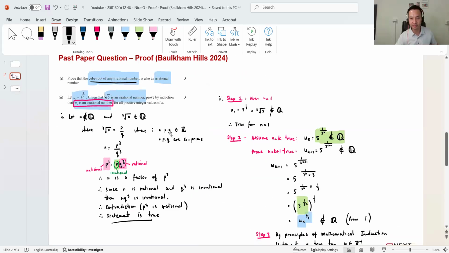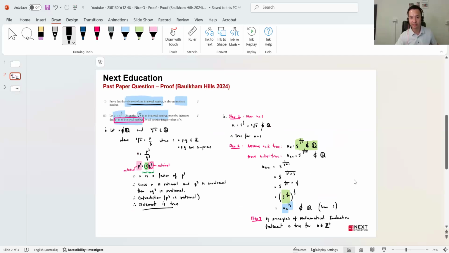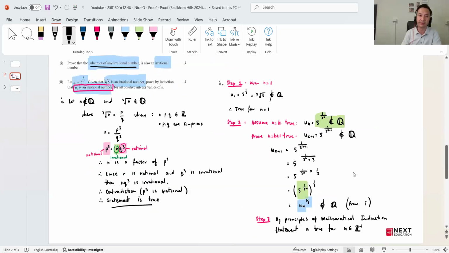So in this question, for the induction part at least, what you have to recognize is that it's not hard, right? It's just different. Step 1, sub in 1, we know that cube root of 5 is definitely irrational. No doubt about that. That's easy. Step 2, set up your assumption where you basically say 1 on 3 to the power of k is irrational.